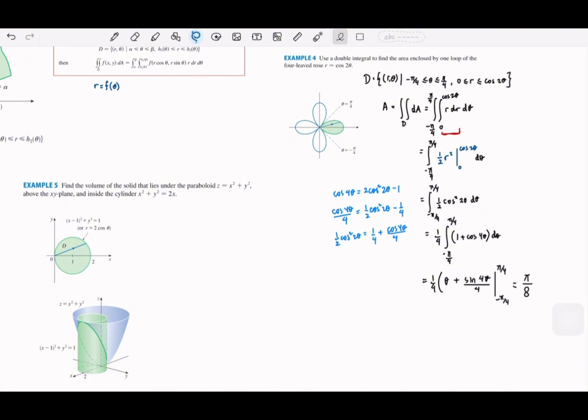Which you can see that if z is a constant, then in every slice of z we always get a circle equation, right? The paraboloid's xy projection is always a circle, right? And then we have what we call the cylinder.